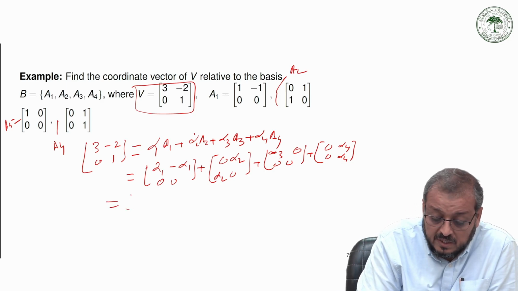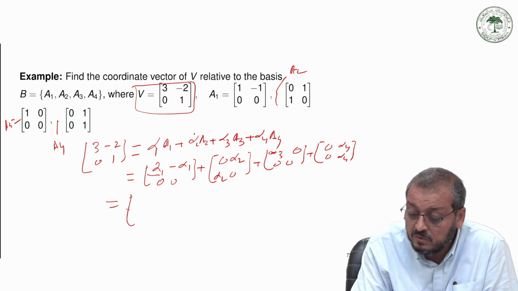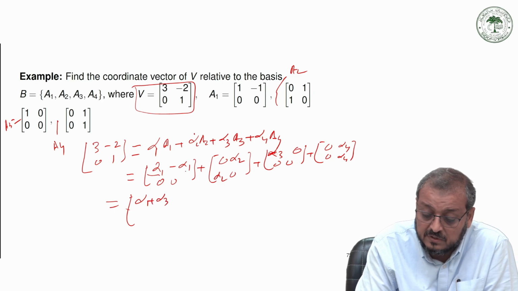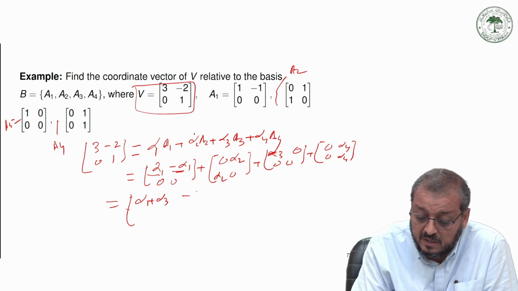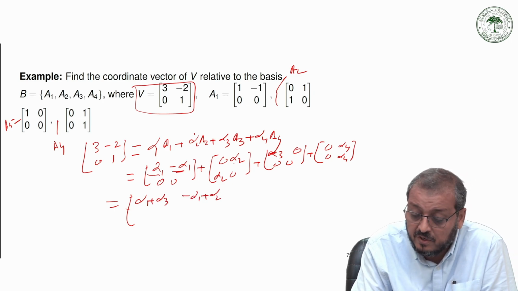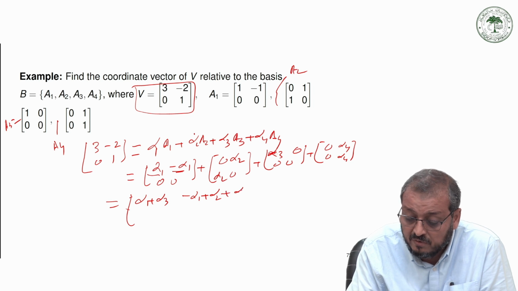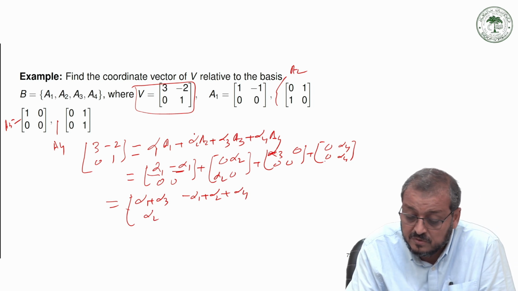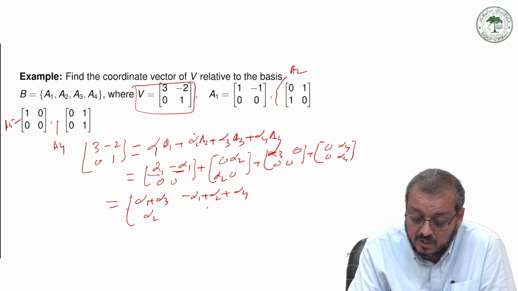Now this can be represented as alpha 1 plus alpha 3, minus alpha 1 plus alpha 2, and then plus alpha 4. This is 0, this is alpha 2, and the rest of them are equal to 0, 0, 0, alpha 4.